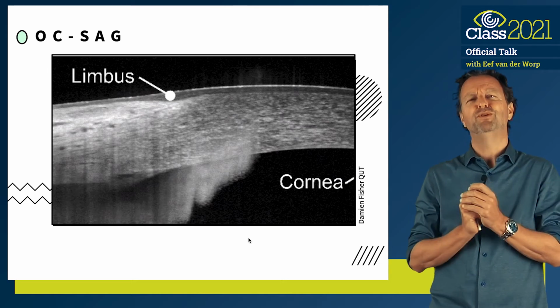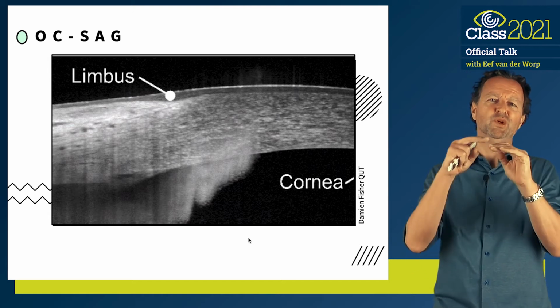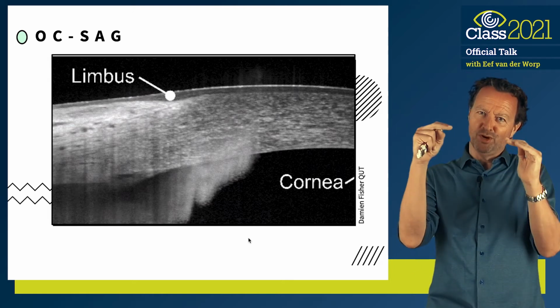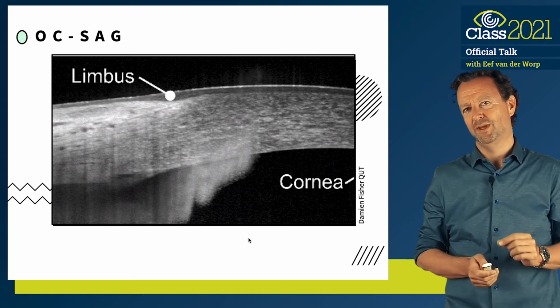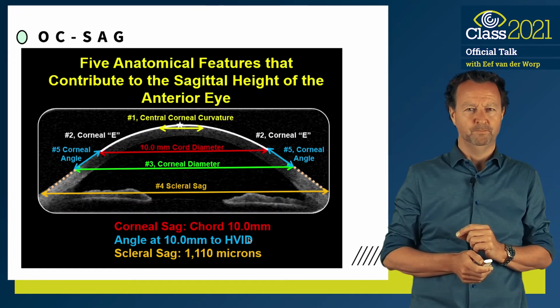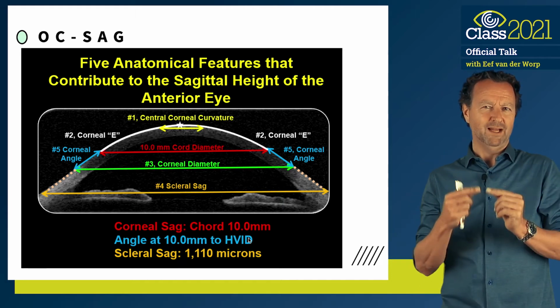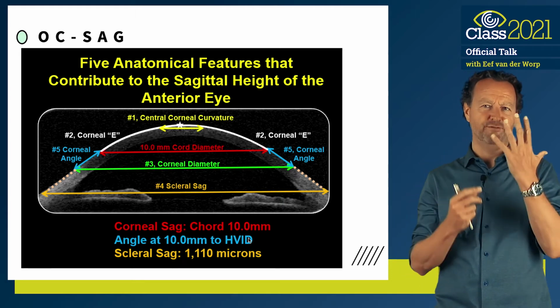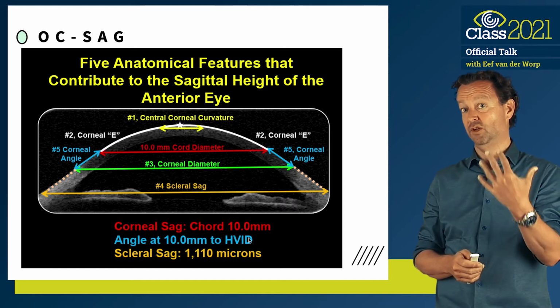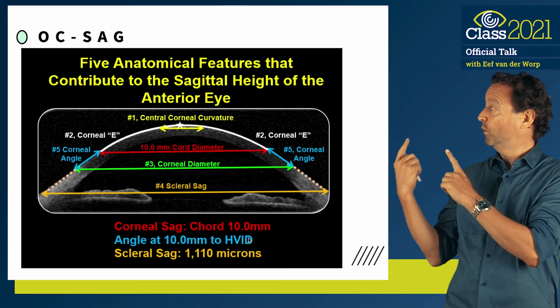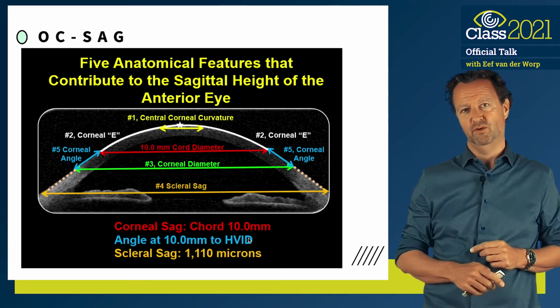What it shows beautifully is that the transition from cornea to sclera is in fact a straight line, because everything there is filled with epithelial cells. So if we assume that, and let's do that for now, then there are 5 basic parameters that define the ocular surface shape that we can work with, and they're all listed here on the slide.